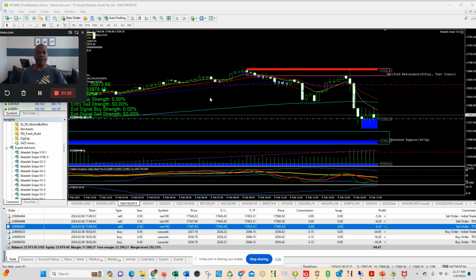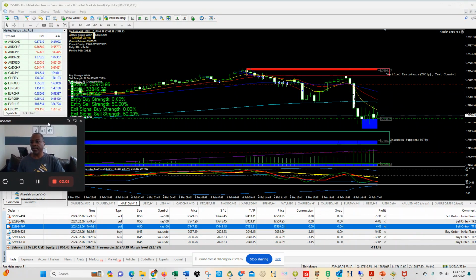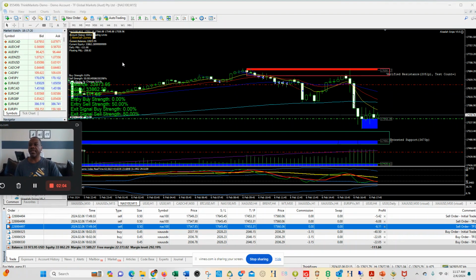Okay, so let's look at what this strategy is showing right now. If I can move myself out of the way here, it's kind of giving us an idea. I'm on the 15-minute time frame right now, and it's giving me an idea that the volumes are pretty much stagnant.